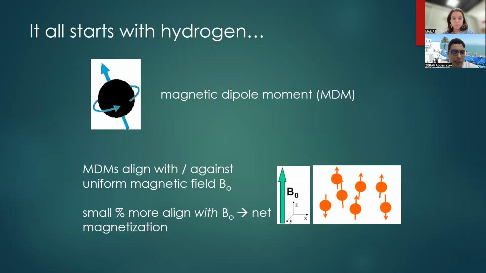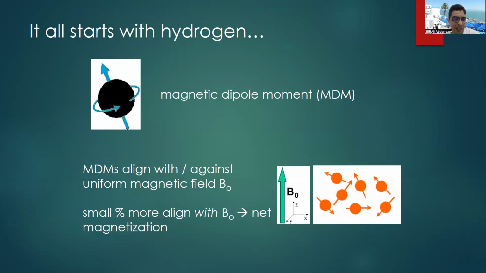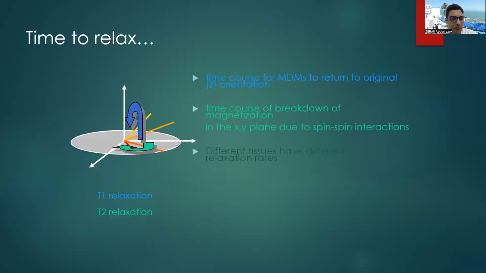Just to remember that it all starts with hydrogen, the magnetic dipole moment, and its orientation through B0, which is aligned parallel to the Z axis inside the bore of the machine.